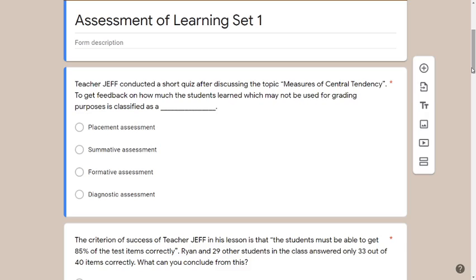And usually formative is associated with a type of assessment that is recorded but not graded. So if you hear this phrase, recorded but not graded, it's always associated with formative. That's what I have read in some of the books. So reading is also very important. Let's go ahead and try to check if my answer is correct.